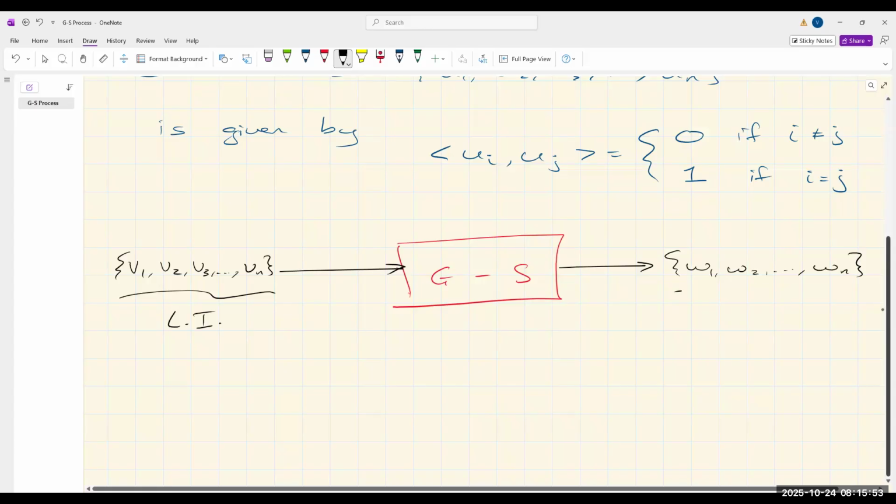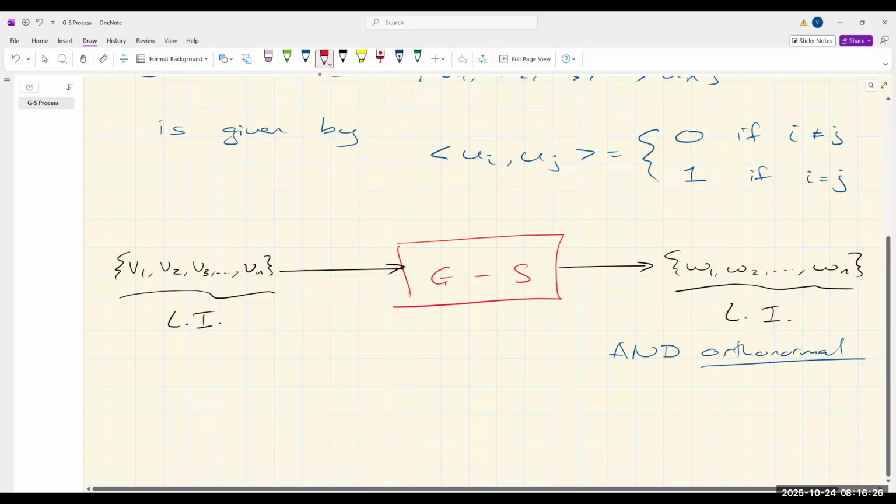And this set will also be linearly independent, but the original set was linearly independent to begin with. So what is so special about these W's is that it's not only linearly independent, it's also orthonormal. Okay, which is what we want.